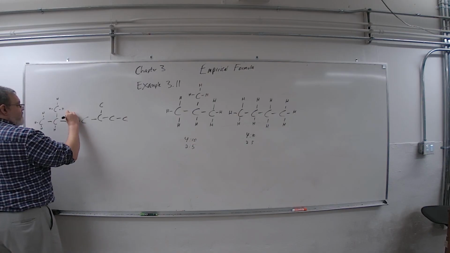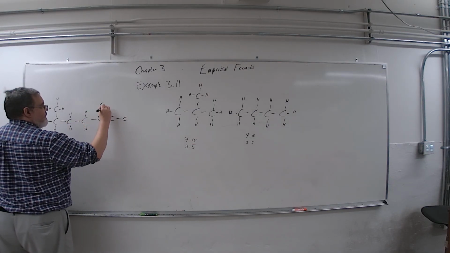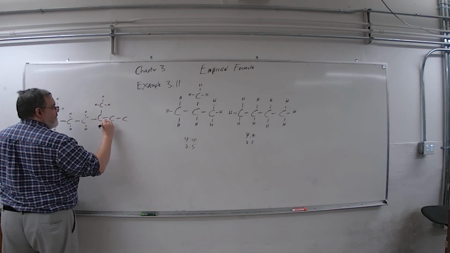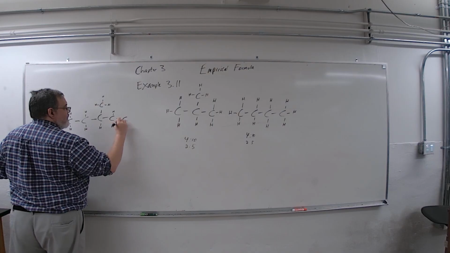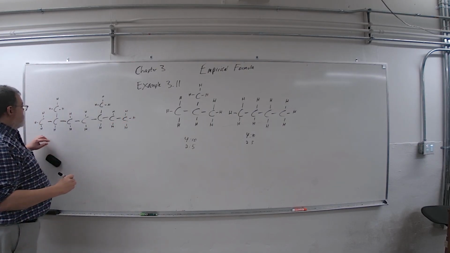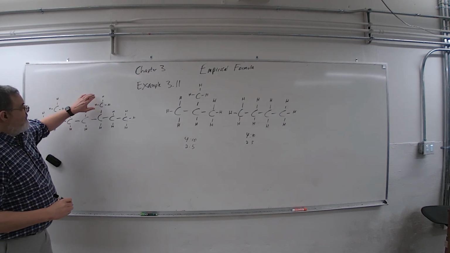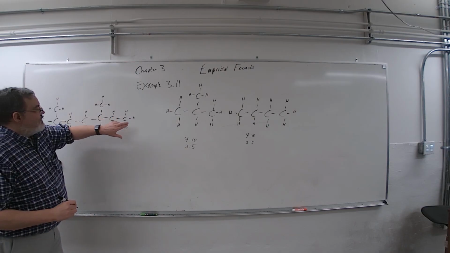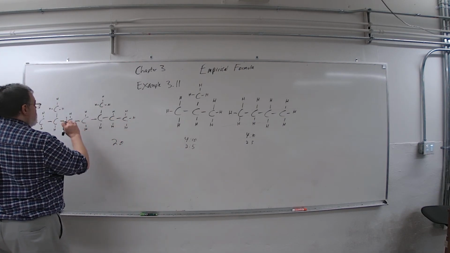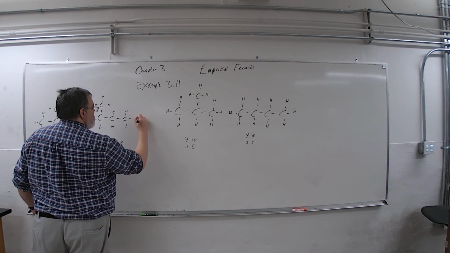I don't think your book does this. Those are ugly hydrogens. 1, 2, 3, 4, 5, 6, 7, 8, 9, 10, 11, 15, 16, 17, 18, 19, 20. 5, 6, 7, 8, 9, 10.